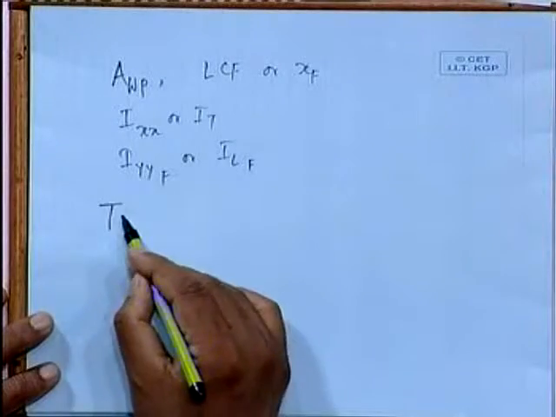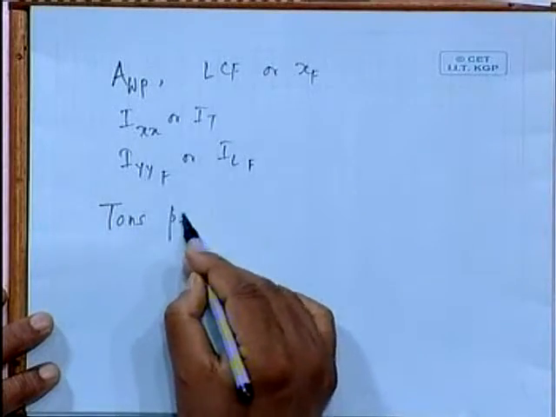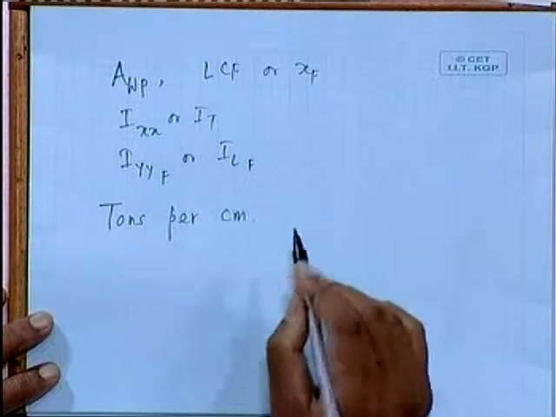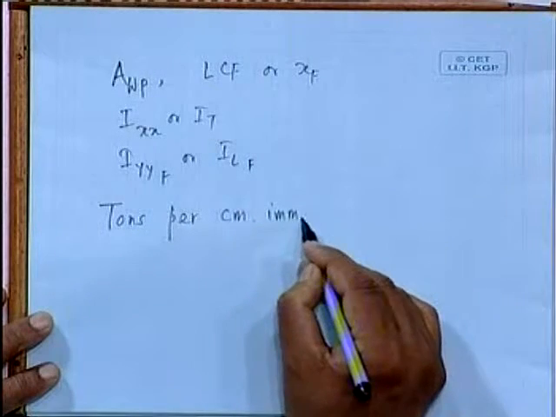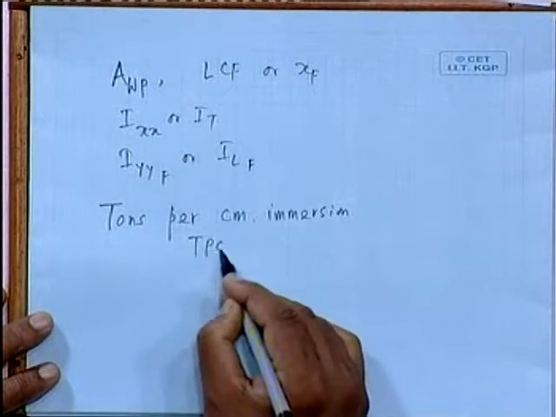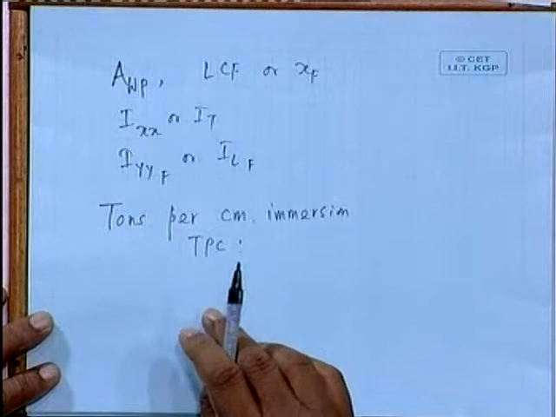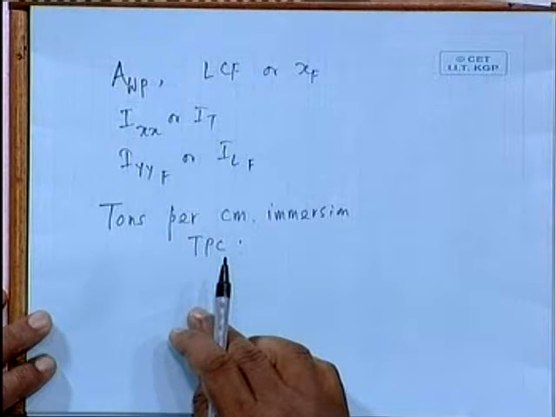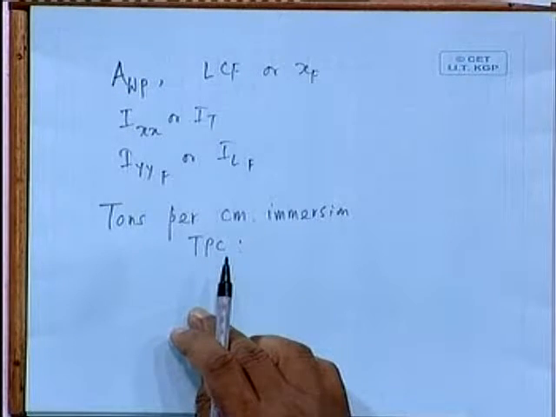What happens is that there is a term called tons per centimeter of immersion. This is called TPC. This we will find out the use of all these terms afterwards when we do the actual calculation.